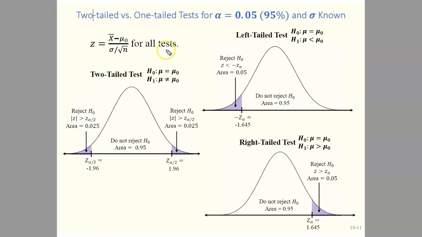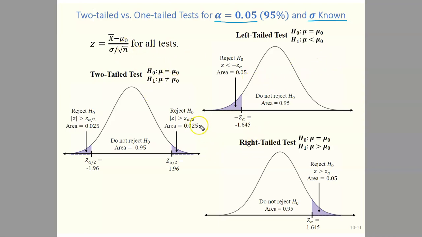Now, here we have a slide illustrating the difference between a two-tailed test, a left-tailed test, and a right-tailed test at a significance level of 0.05, and also keep in mind that we're assuming sigma is known for our discussion here, which will change later.